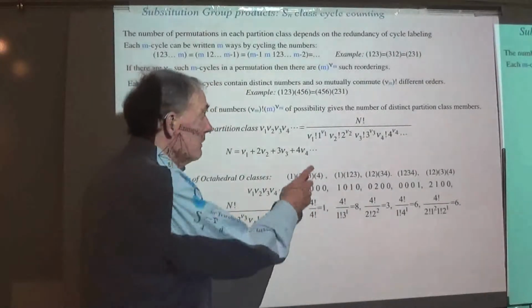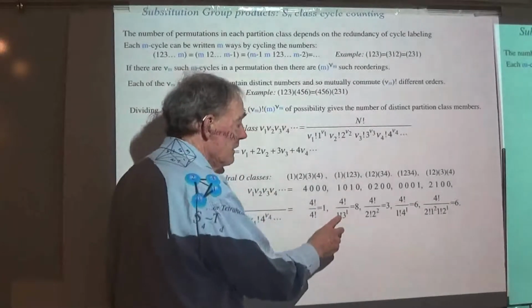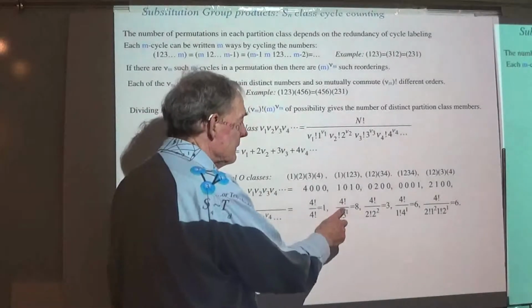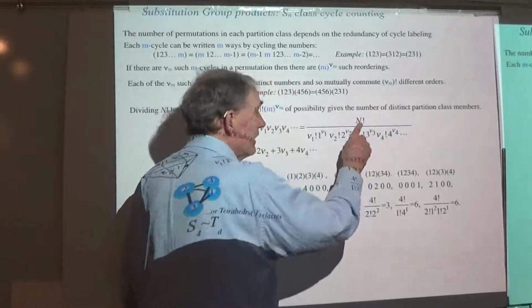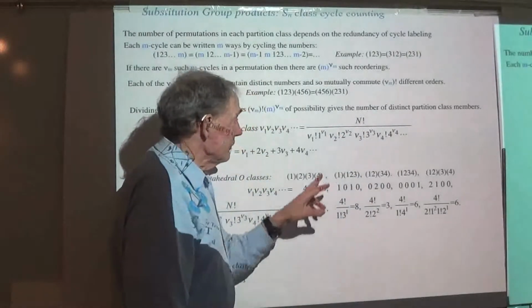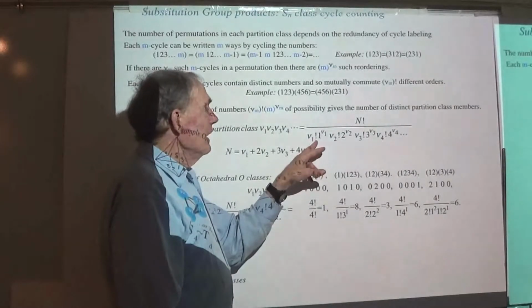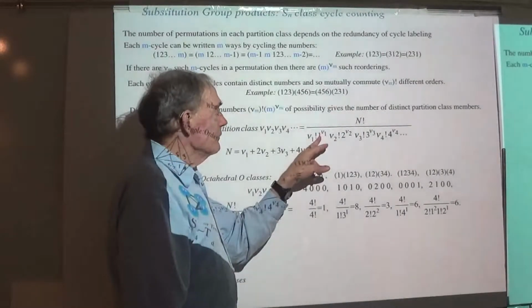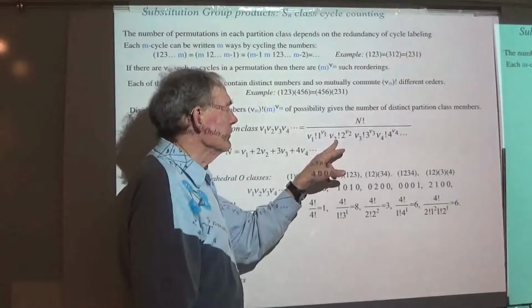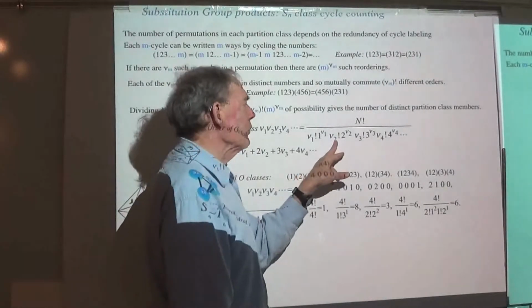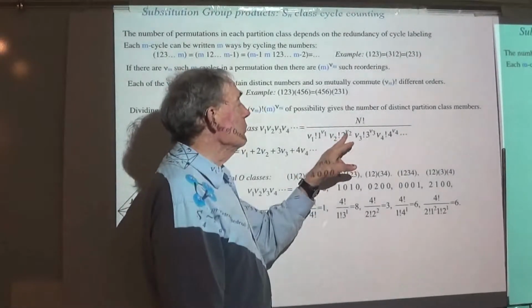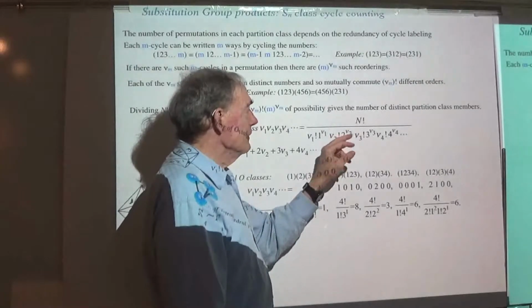And when you use this formula here with 4 factorial in the numerator, that's n factorial, and then the products of ν and the order to the ν-th power, say for bicycles, is ν, the number of bicycles, factorial, times 2 to that number power.